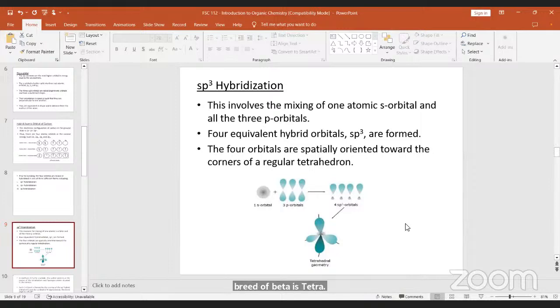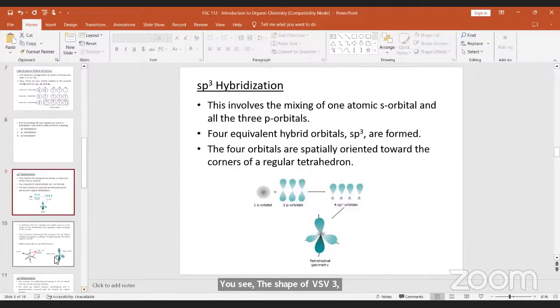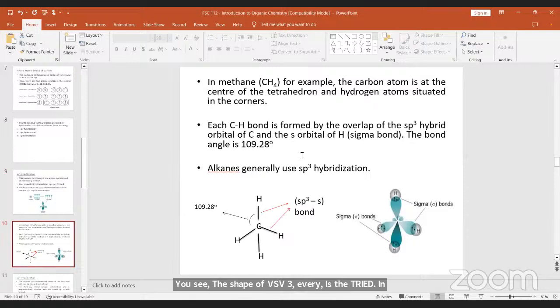Note that the shape of the sp3 hybrid orbital is tetrahedral, and it has other attributes. For example, the angle between each of the hybrid orbitals and the other is 109.3 degrees.